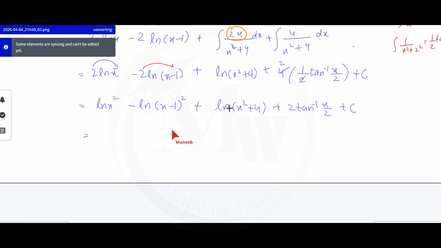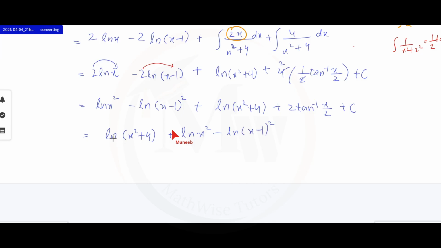I'm just trying to simplify it more. So let's rearrange it. If I write this term before, because it's positive, and plus ln of x square minus ln of x minus 1 square. So see, the first two terms are adding, and adding means they will be multiplied if we combine the natural logs, and the second and last log terms will be subtracted.